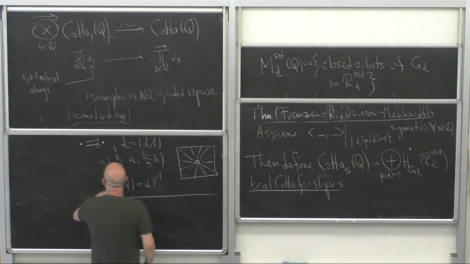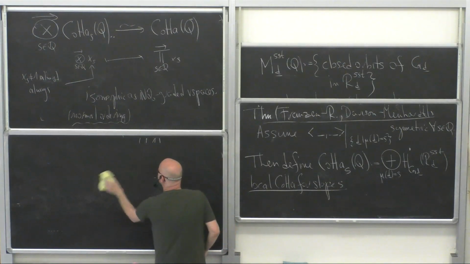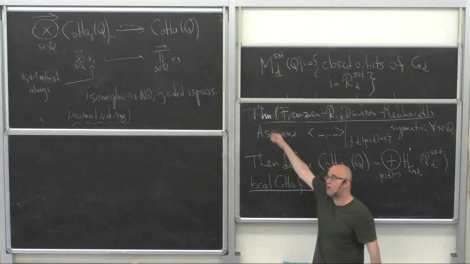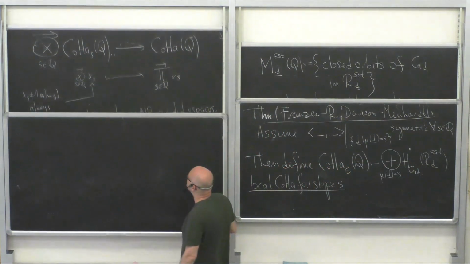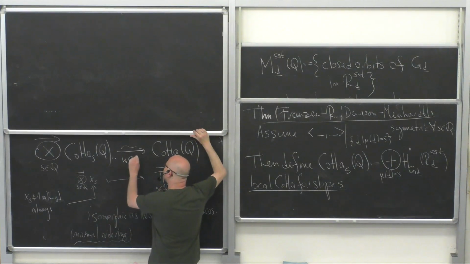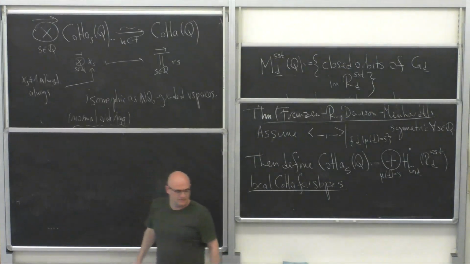And the second part is then Davison-Meinhardt. Okay, so this is formally equivalent to whatever wall-crossing formula you can think of. Yeah? So this is an algebraic upgrade to a wall-crossing formula. This is WCF.